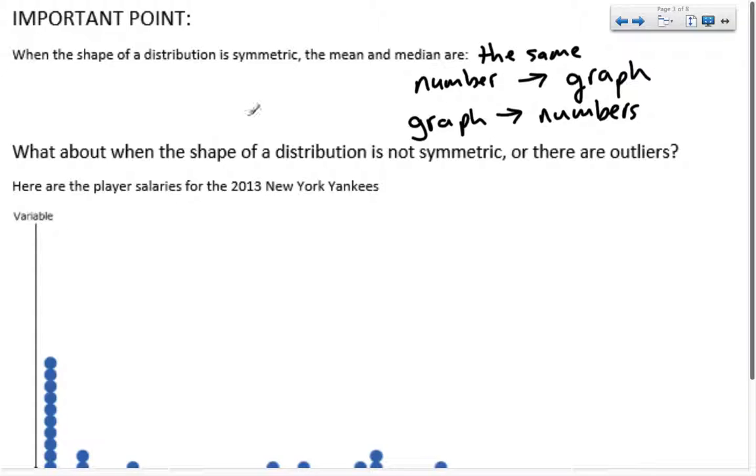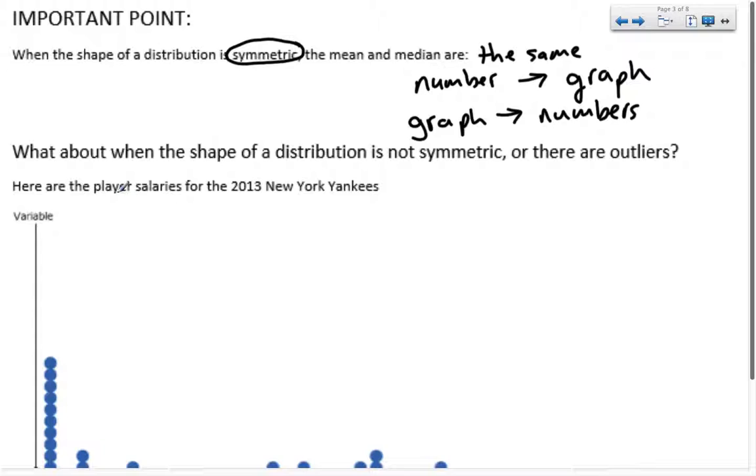But this whole idea of symmetry and symmetric, we used that very loosely up until this point. We said things like sort of and roughly and kind of symmetric. Now we're going to start diving into the exact meaning of symmetric.